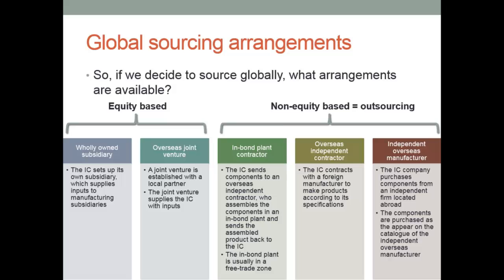Under the equity-based ones, we have the arrangement of a wholly owned subsidiary, whereby the international company sets up its own subsidiary in a country that is appropriate for the sourcing of the inputs it requires, either because of lower costs or because inputs are only available from that country, or again because of better quality inputs in that country, as we've seen.